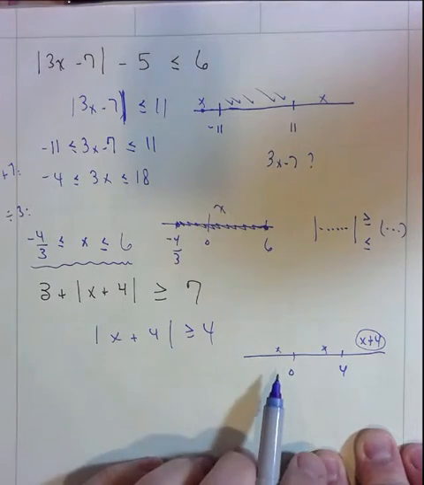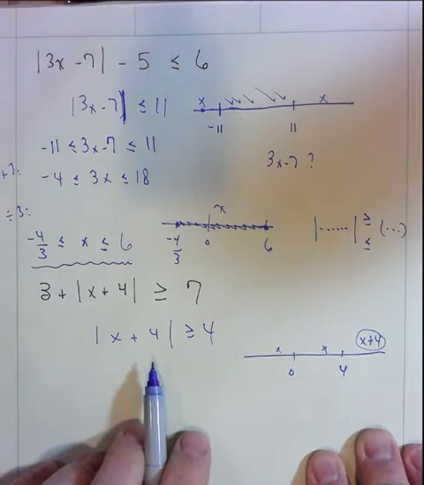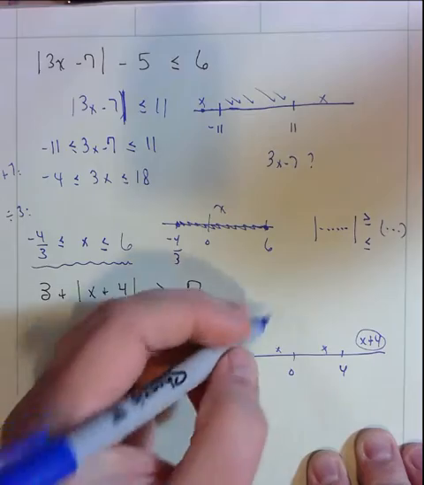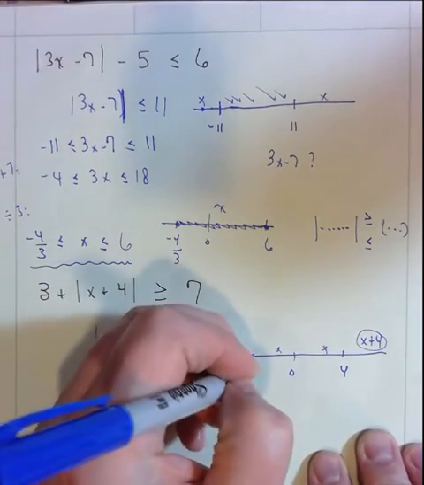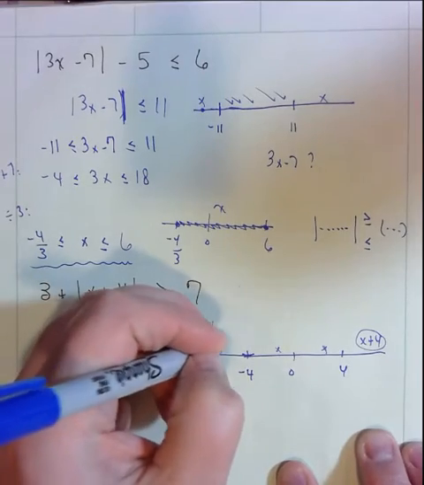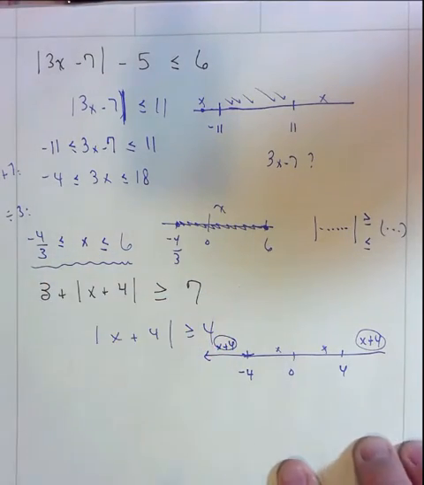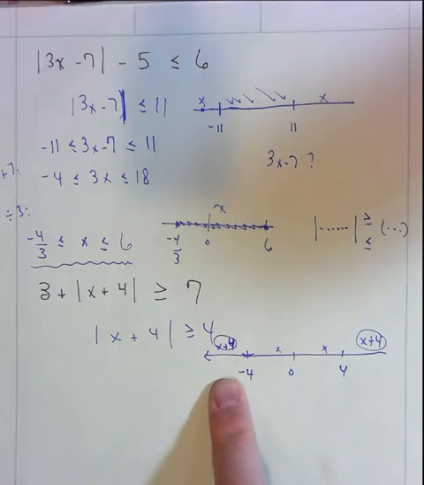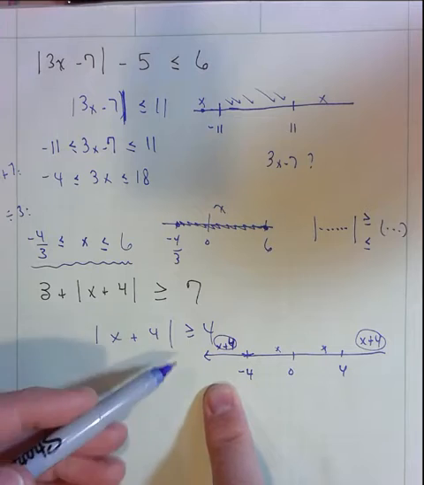Say at negative 1. If x plus 4 was negative 1, the absolute value of x plus 4 would not be greater than or equal to 4. But then we flip the switch again when we finally get to negative 4. If x plus 4 is, say, negative 10, then the absolute value of x plus 4 would be 10, which is greater than 4.